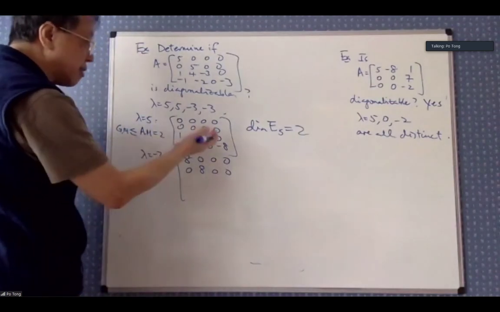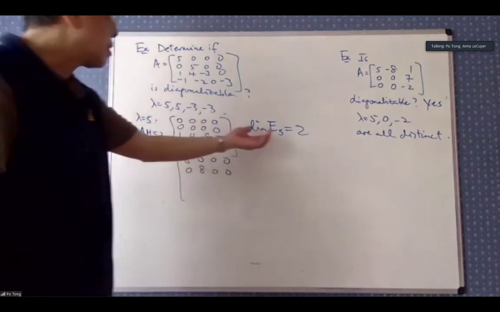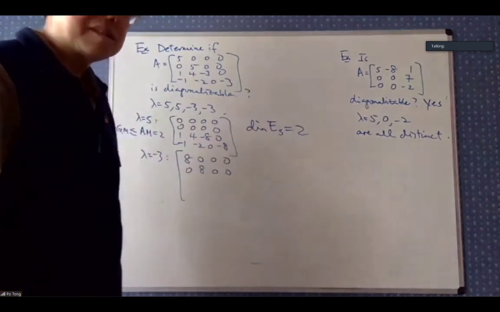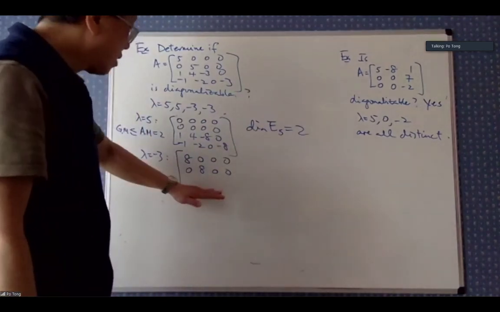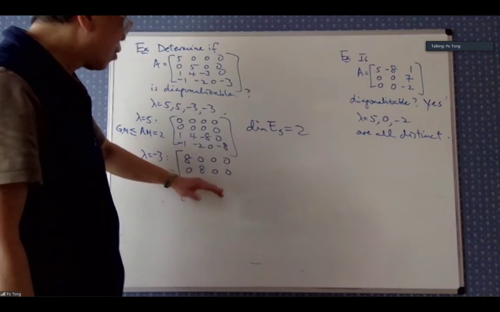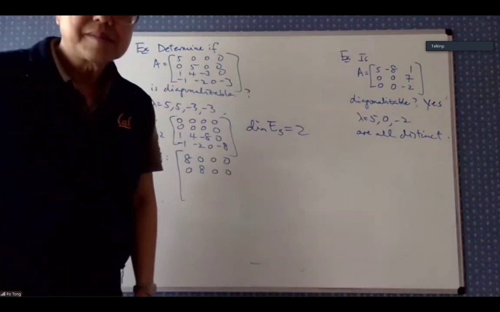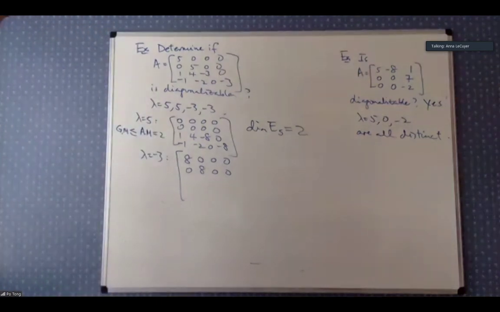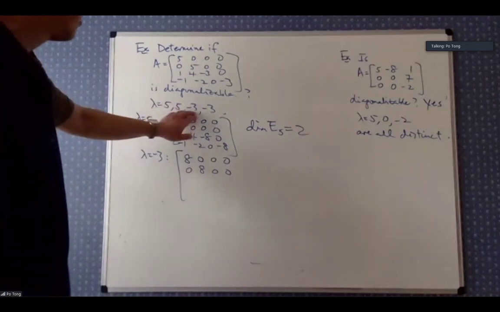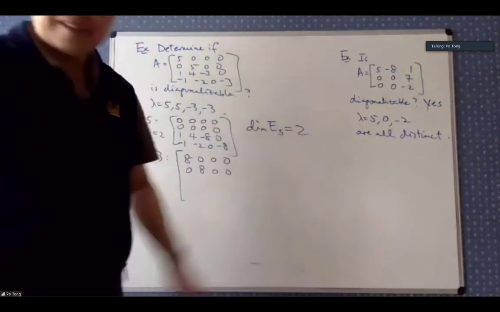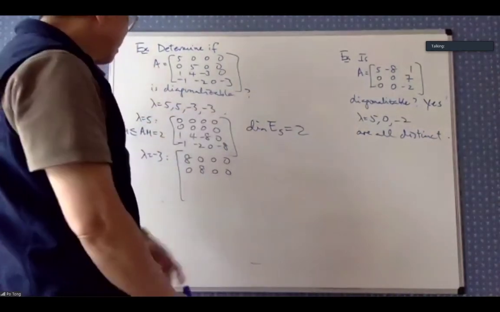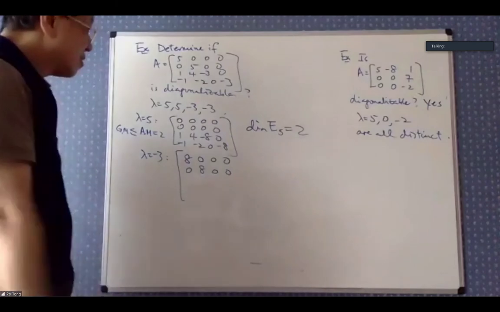If you're less than 2, then you don't have enough. Because that means I'm going to be able to get 2 linearly independent eigenvectors. And if I also can do the same thing down here, then I'm okay. You're doing that because you have 2 5s. If I have 3 5s, I will want to have this dimension 3. If all 4 are 5s, I will want to have dimension 4.